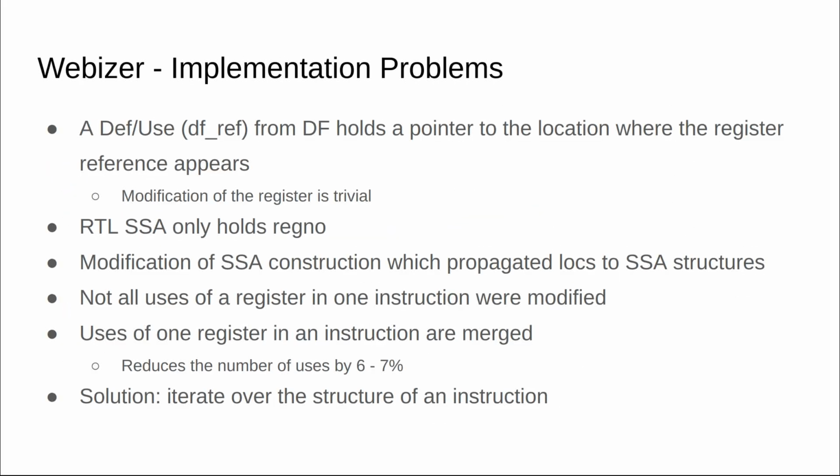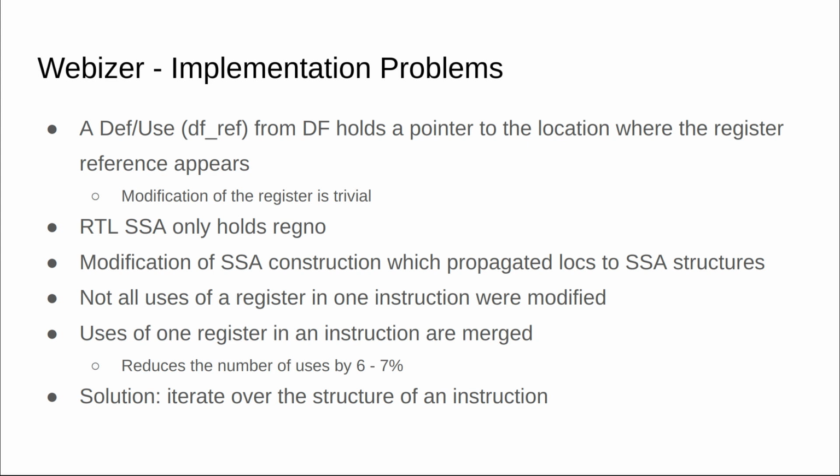However, there were some problems with the implementation. The original implementation uses the data flow framework, and each definition or use has a pointer to the location where the register reference appears. That's not the case for the RTL SSA framework.